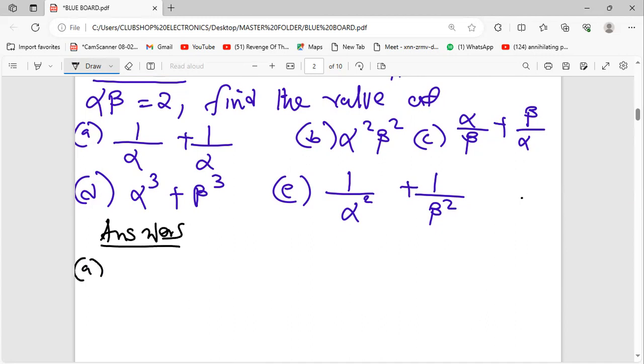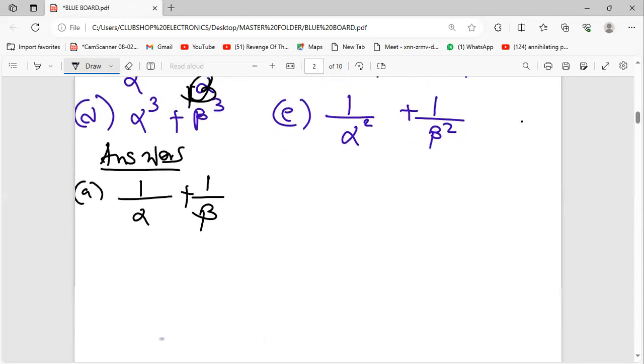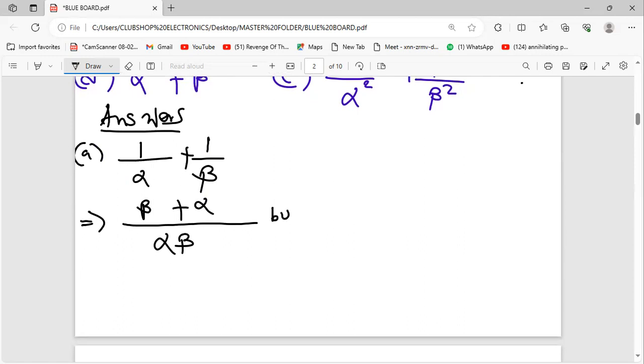So the first one is we want 1 divided by alpha plus 1 divided by beta. So we express this as a single fraction the way we know it. So pick alpha beta as our denominator, then multiply 1 by beta plus alpha, but alpha plus beta is equal to, what have we been given? 5.